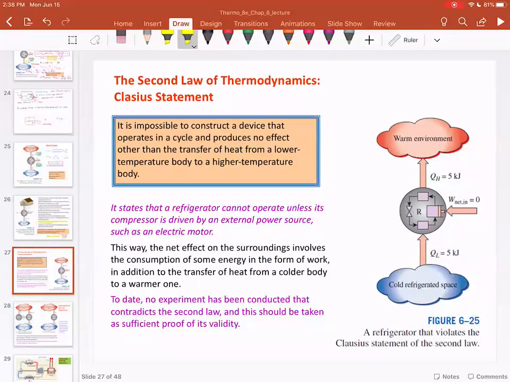So the laws of thermodynamics don't have mathematical proofs, but they are based on practice and empirical evidence, and in all the experiments performed so far, this law has been shown to be true.